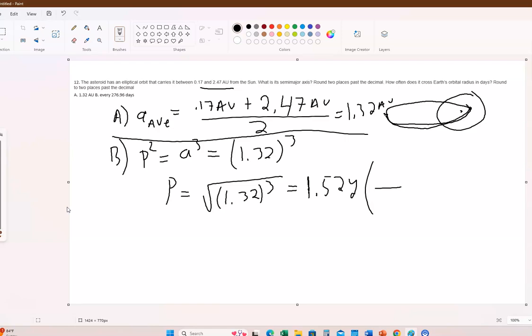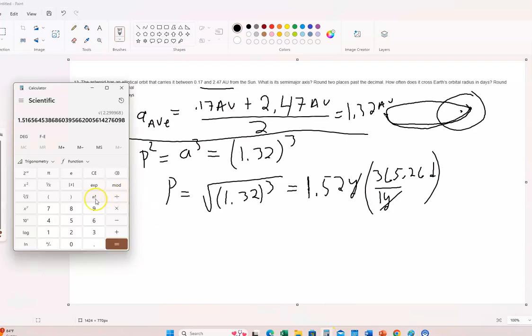The problem asks for it in days. I know that in one year there are 365.26 days. That's just the definition of a year, which is how long it takes the Earth to go around the sun. We calculated the period in years, so now we calculate it in days.